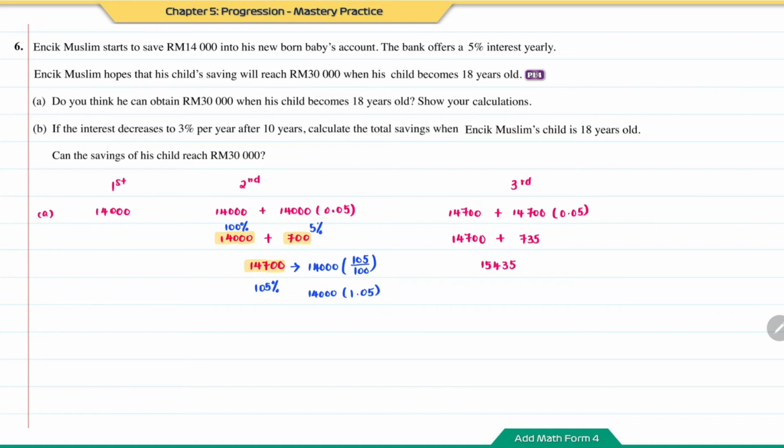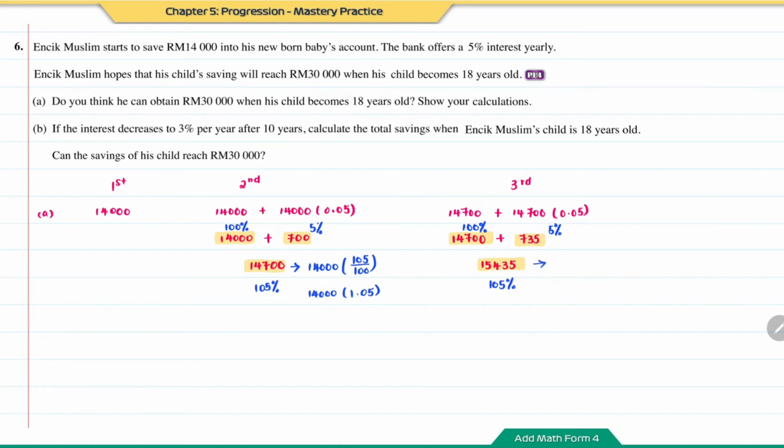Now, look at the third year. This 14,700, which comes from the second year, is also the 100%. This 735 is the 5% interest. So the amount of money, 15,435, is 105% of the previous year.